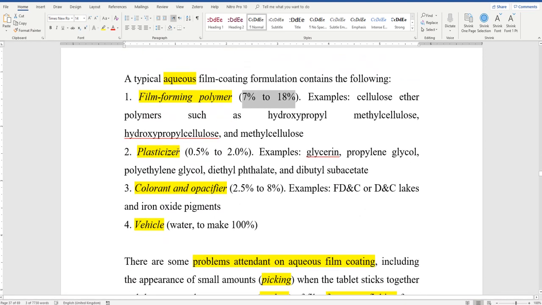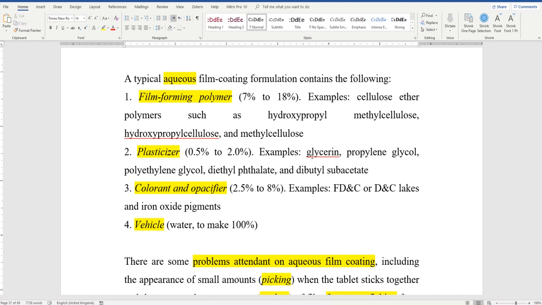Plasticizers, examples of plasticizer that you may use with a concentration up to 2% include glycerine, propylene glycol, polyethylene glycol, which is PEG, diethyl phthalate, and dibutyl sebacate.